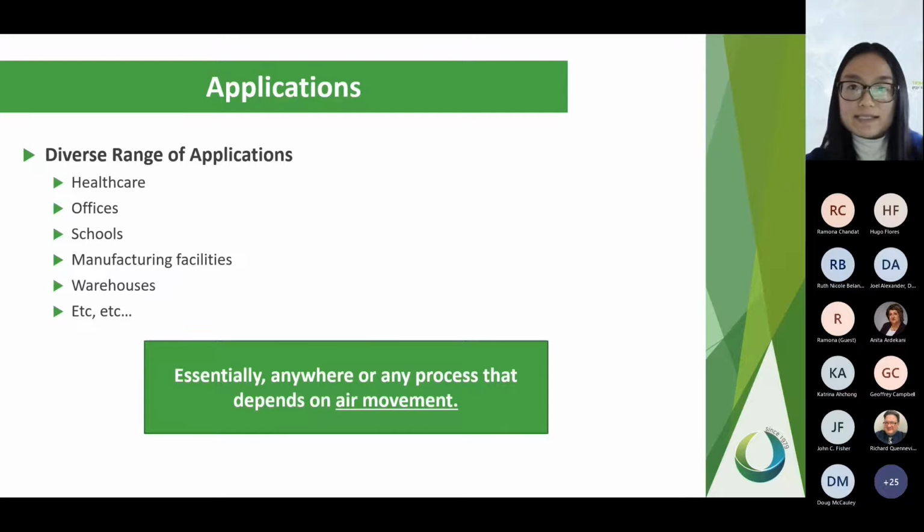And tracer gas testing has a diverse range of applications. So it can be applied in healthcare settings, in offices, schools, manufacturing facilities, warehouses, and essentially anywhere or within any process that depends on air movement.